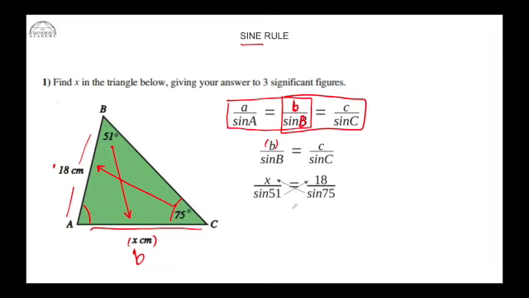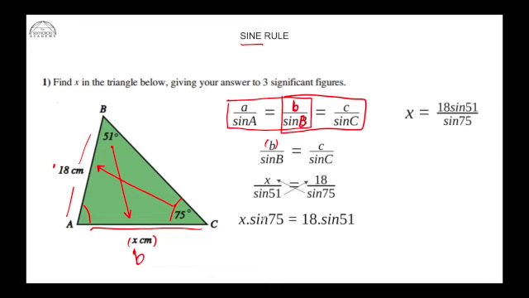You don't really have to cross multiply though. You can literally just fling the sine of 51 across there, and boom, you'll find X. But I cross multiplied. I took the sine of 51 and put it over here, so it becomes multiplied by the sine of 51. And then I took the sine of 75 and threw it over here, so it becomes multiplied by the sine of 75.